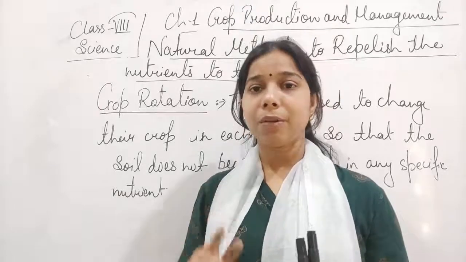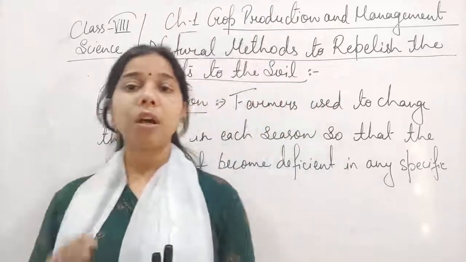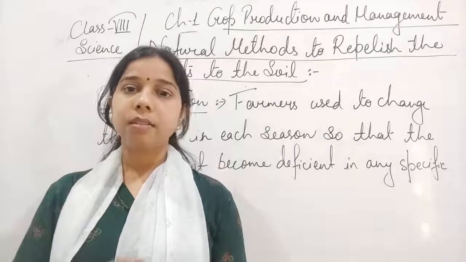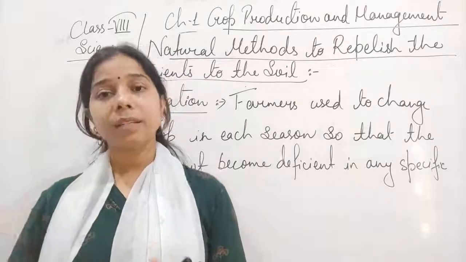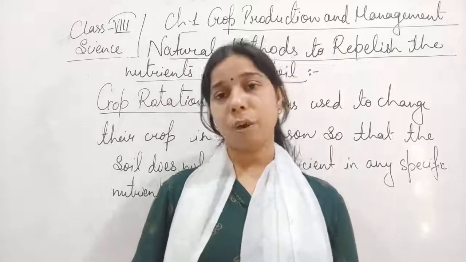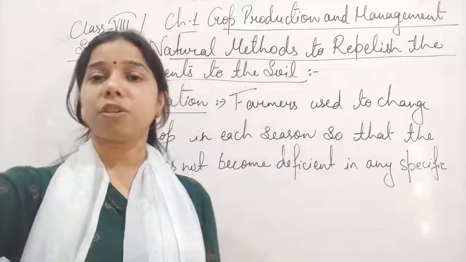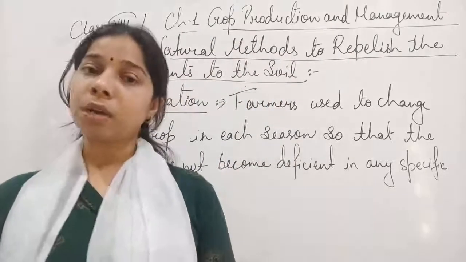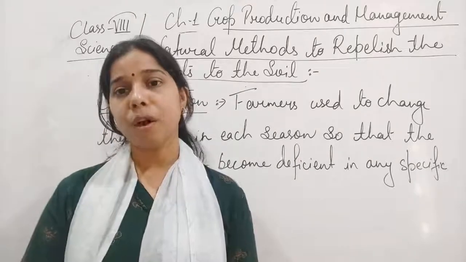This is the method by which the farmer does crop rotation. If one season's crop takes up a nutrient and he grows the same kind of crop afterward, the soil will become deficient in that nutrient. Okay, so this is about crop rotation.